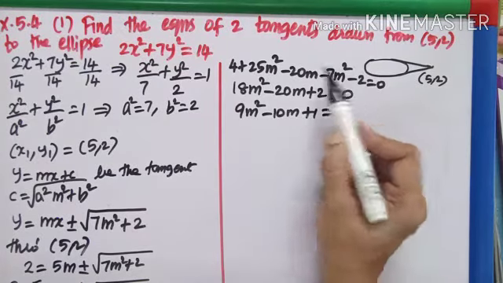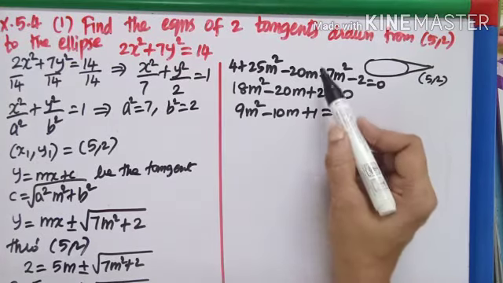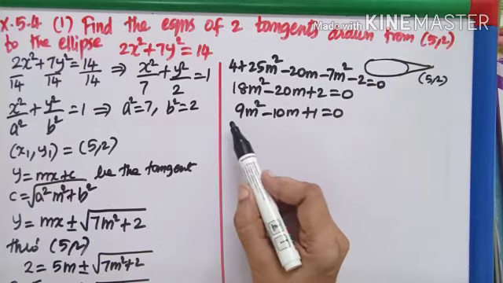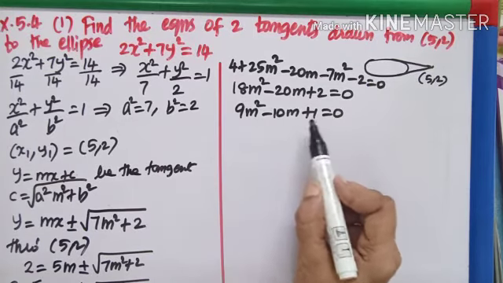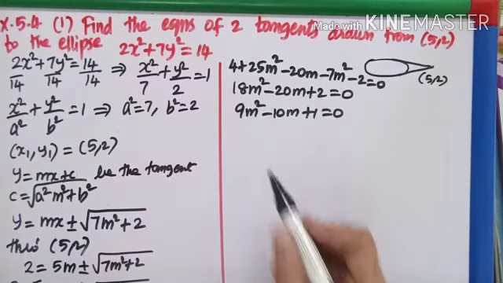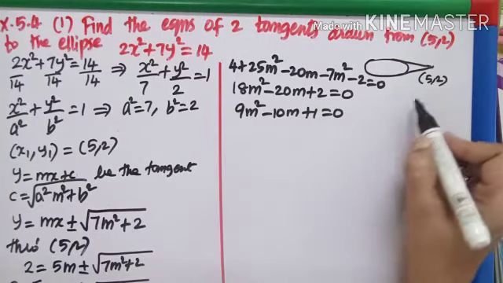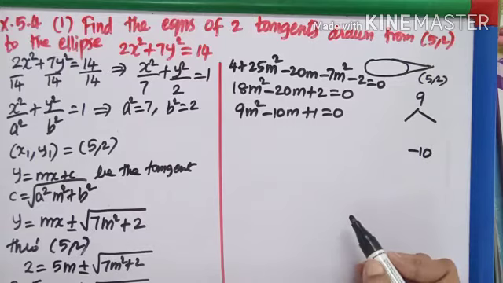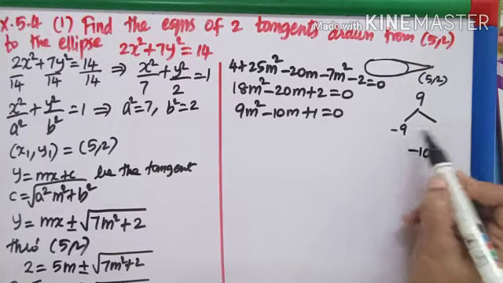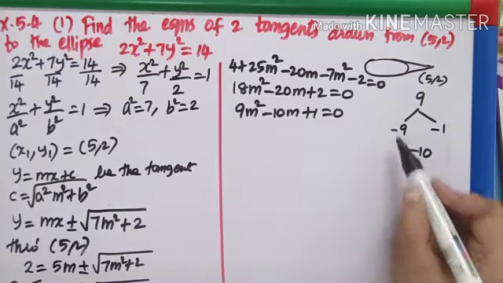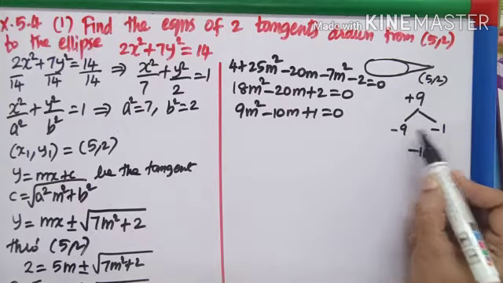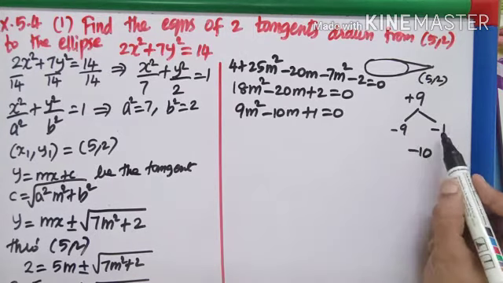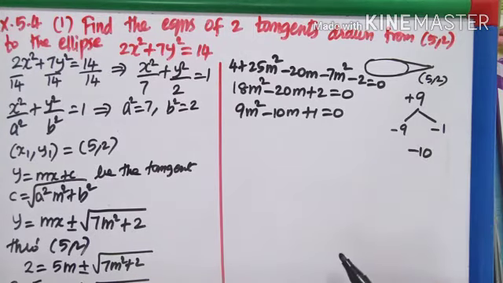As I bring all the terms to the same side and simplify, we get 9m square minus 10m plus 1 equal to 0. Factorize. 9 into 1, 9. And I need minus 10. So what are the two numbers? Minus 9, minus 1. Minus into minus plus, 9 ones are 9. Minus 9 minus 1 gives rise to minus 10.